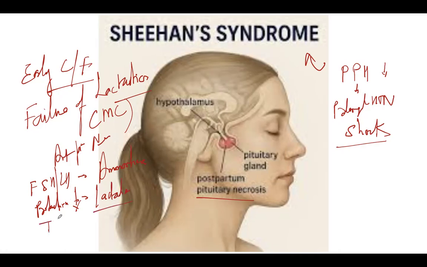TSH, the thyroid stimulating hormone, also decreases. That means the patient may produce features of hypothyroidism. And the ACTH hormone, adrenocorticotropic hormone, also reduces.